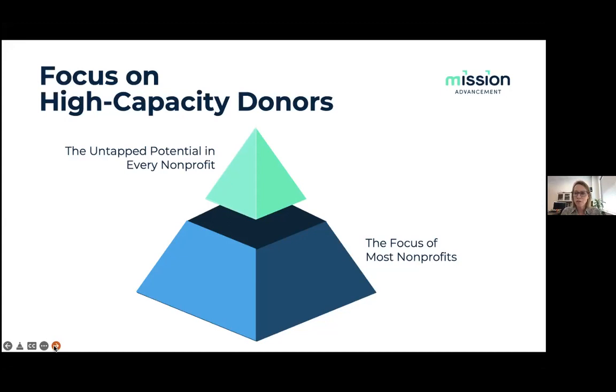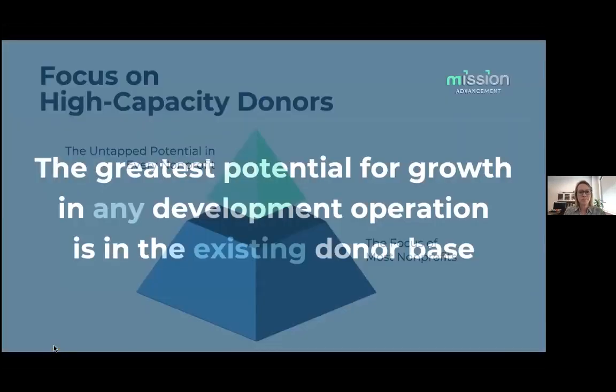And as a development professional, I always say, if you're spending more time behind a desk, looking at emails and proofing documents and writing copy for campaigns, and you say, I don't have time for my donors, you need to flip that script. There's so much more value and return in spending time with 3 or 4 donors a week, if you can, or more, than sitting behind a desk. So that's where we want to see our best time and energy going.